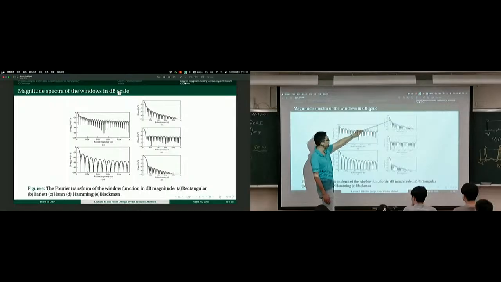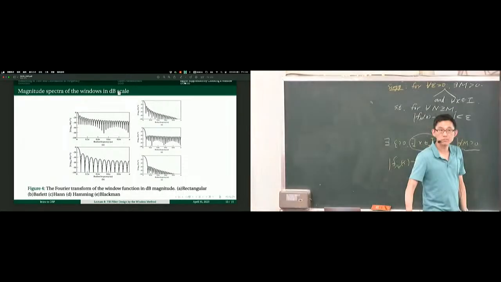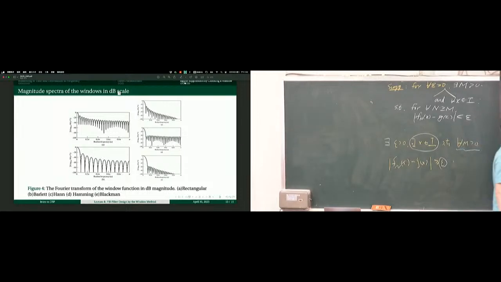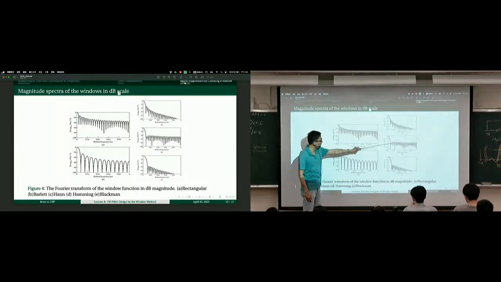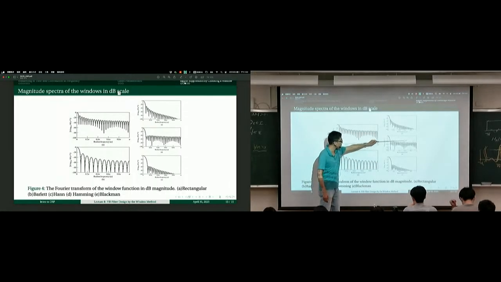The first side lobe has a height of smaller than minus 30 dB. Even better. And then the Hamming window has this tricky property that it has a series of side lobes where the spectrum is almost flat. That's one thing to notice for the Hamming window.